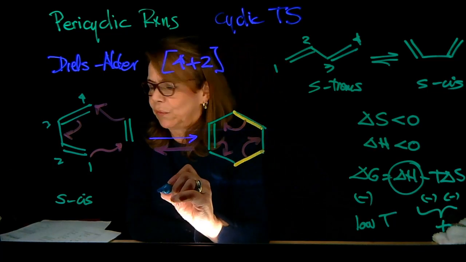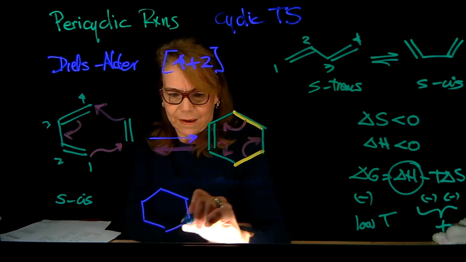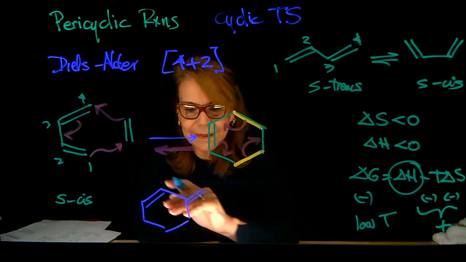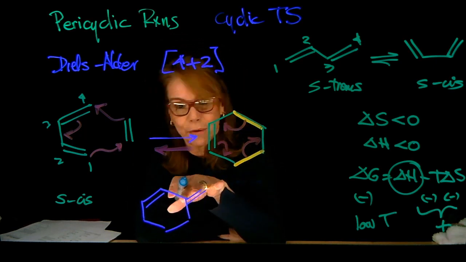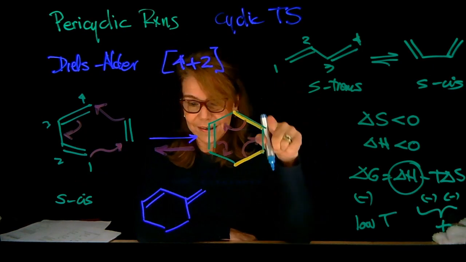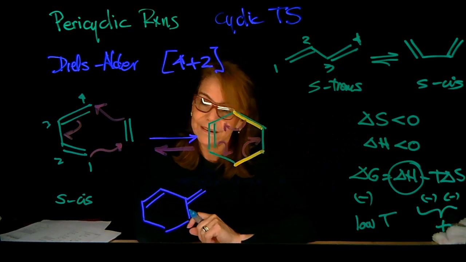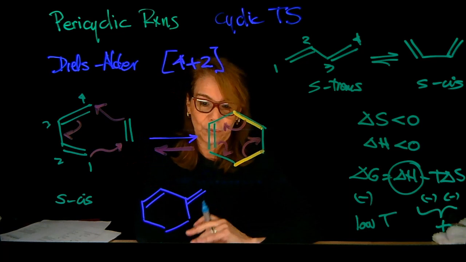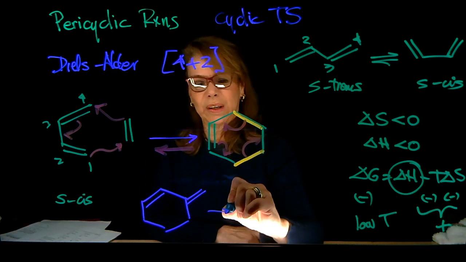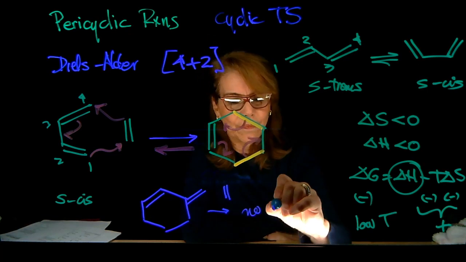For example, if you had a diene such as this, notice that this diene is locked in this conformation, and we cannot get it into the conformation we need to do the pericyclic reaction. So this will not react if we put it with, say, a dienophile. No reaction.